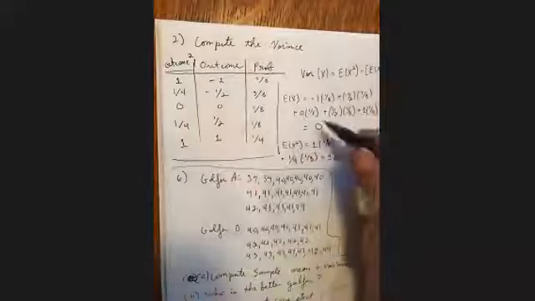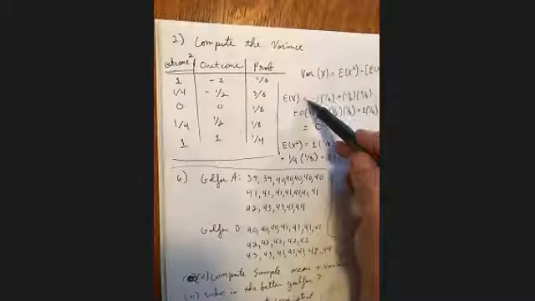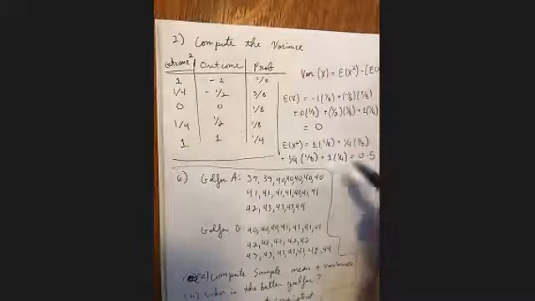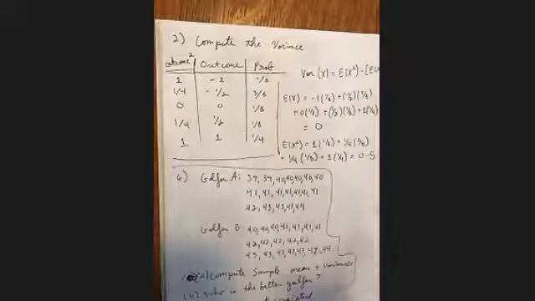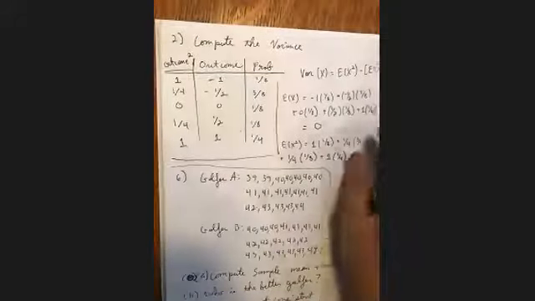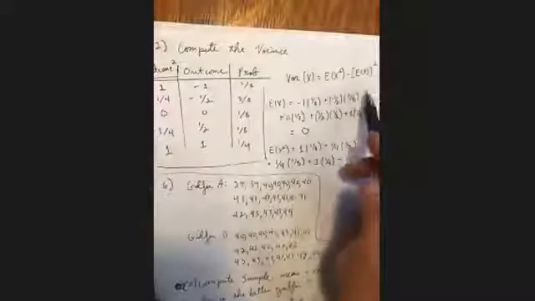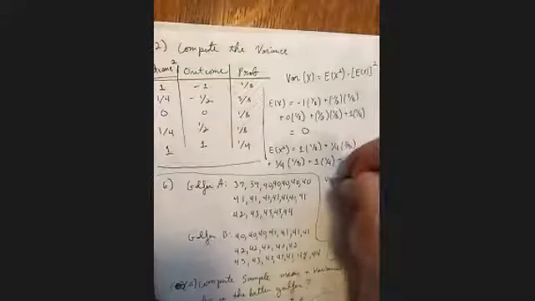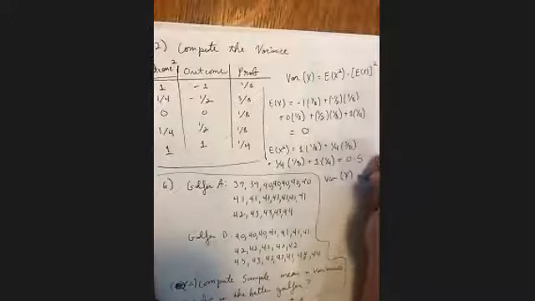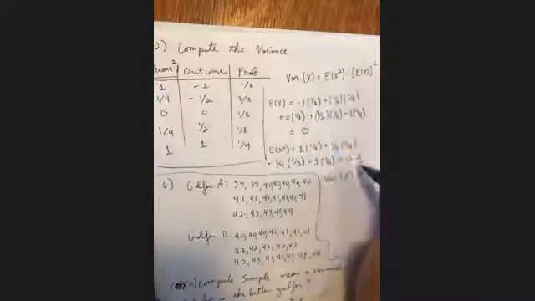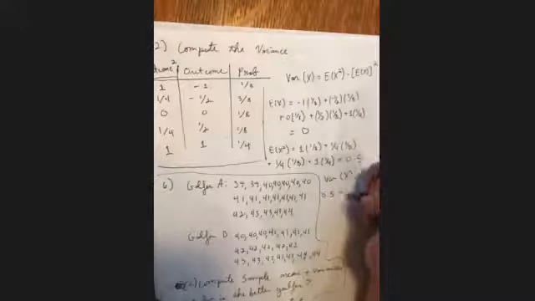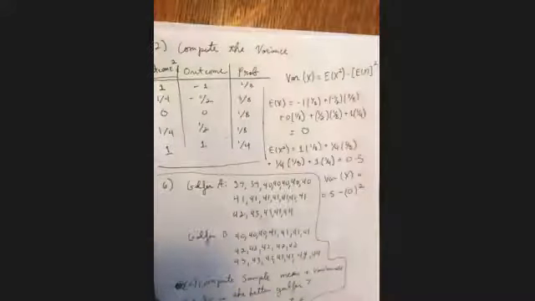Now that we have our expected value of x and our expected value of x squared, to find the variance we use the above formula. The variance of x is the expected value of x squared, which we got to be 0.5, minus the expected value of x, which was 0, squared.